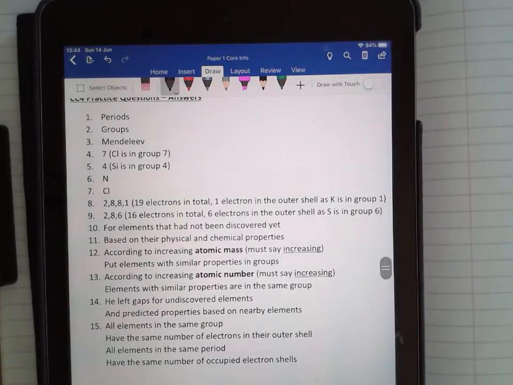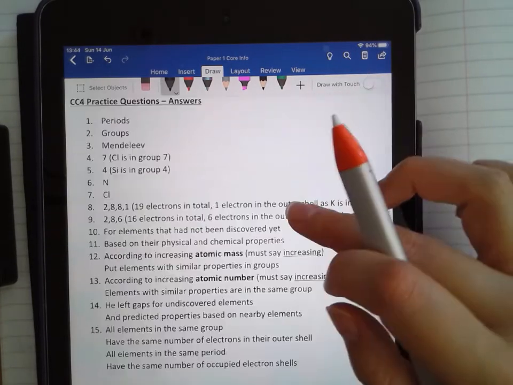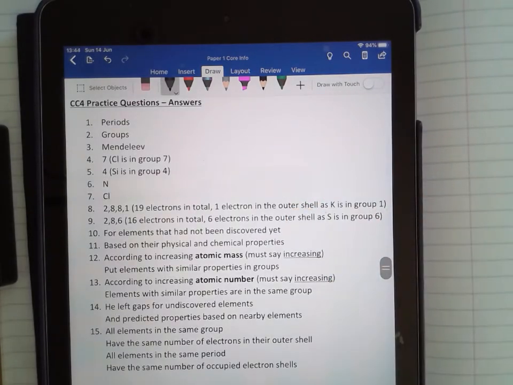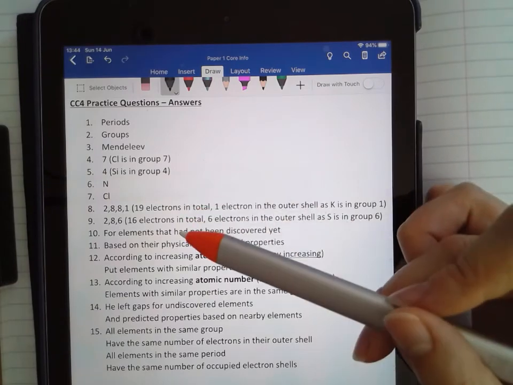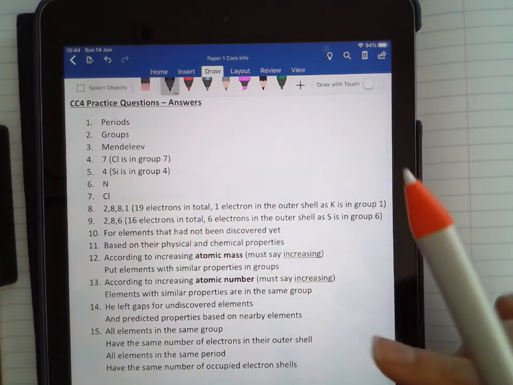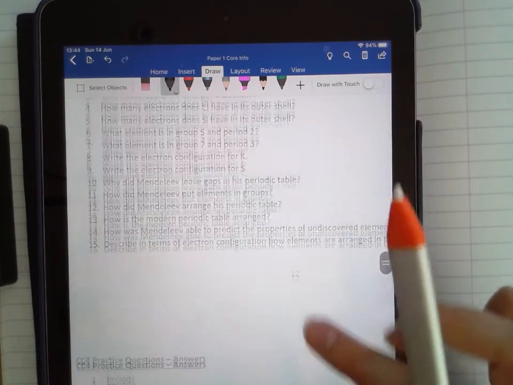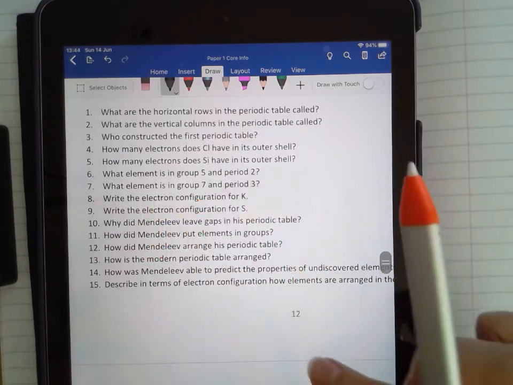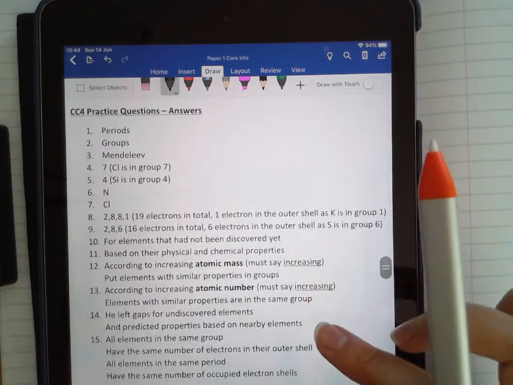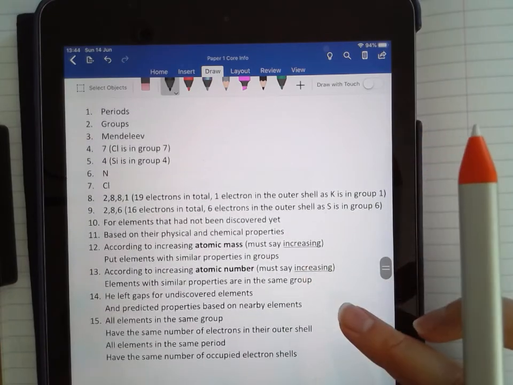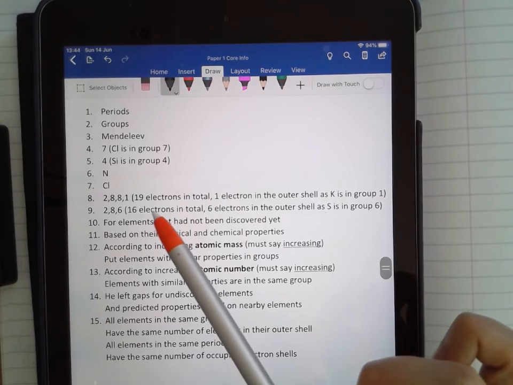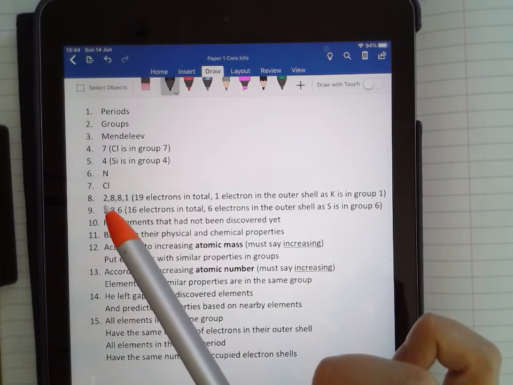So I have given you the answers to these questions in your booklet already. It's on page 13. I just want to go through 8 and 9 with you. If you're asked to write the electron configuration, you need to figure out how many electrons something has. So potassium, if you look at a periodic table, has 19 electrons. You would be told that. The electron configuration is how many go in the first shell, that's 2.